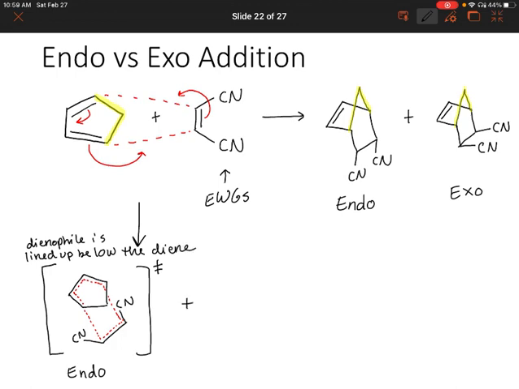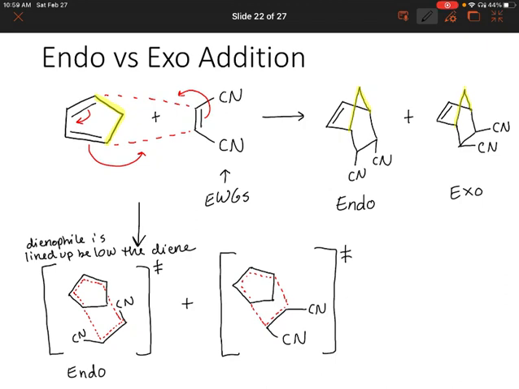Now let's look at the exo scenario. So we would still have our diene up above, but this time the cyanide groups are going to be pointing away from the diene. All right, so we've got our delocalized electrons, we're forming bonds, breaking bonds. And that's our exo scenario.